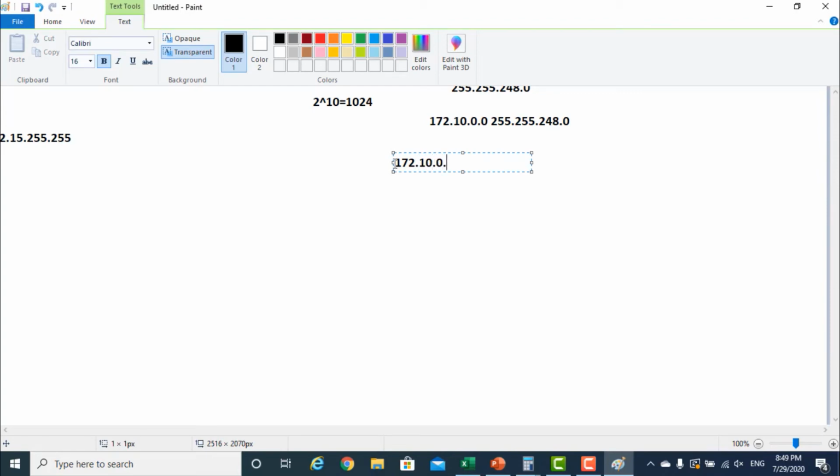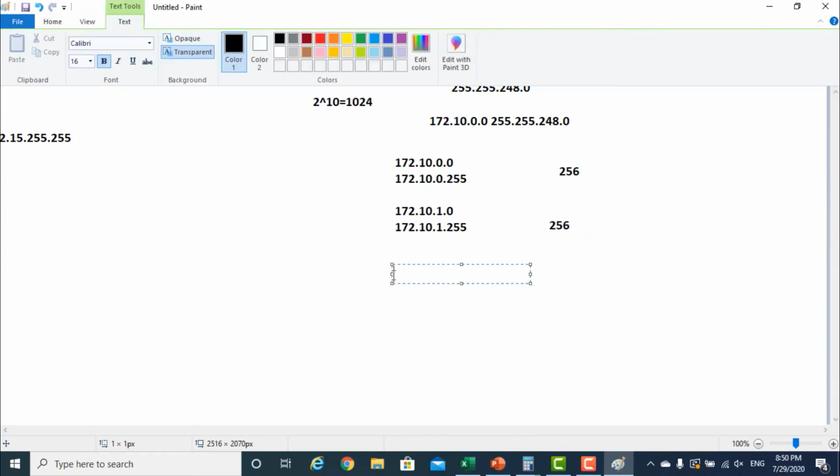172.10.0.0 to 172.10.0.255. Okay, 255 is covered here. 172.10.1.0 to 172.10.1.255. So now we got 256 IPs here and 256 here, that is 512.